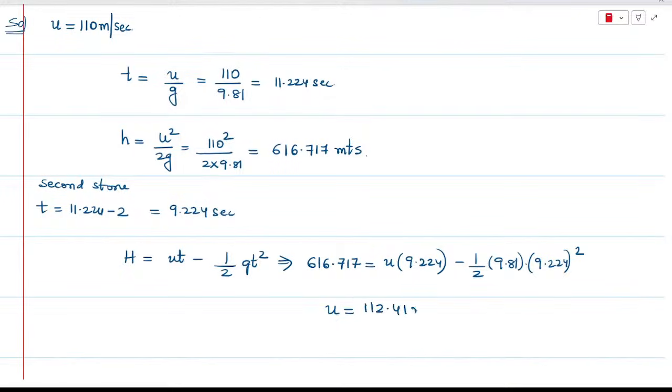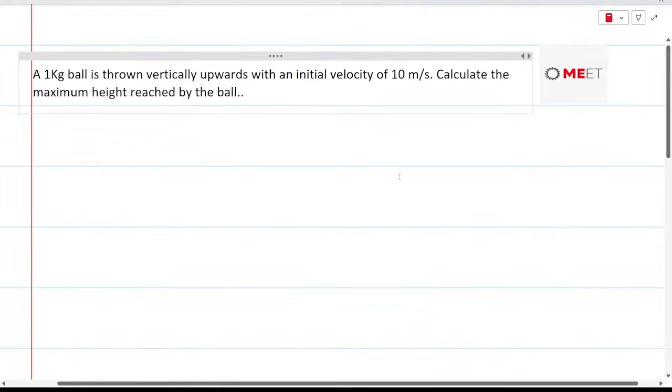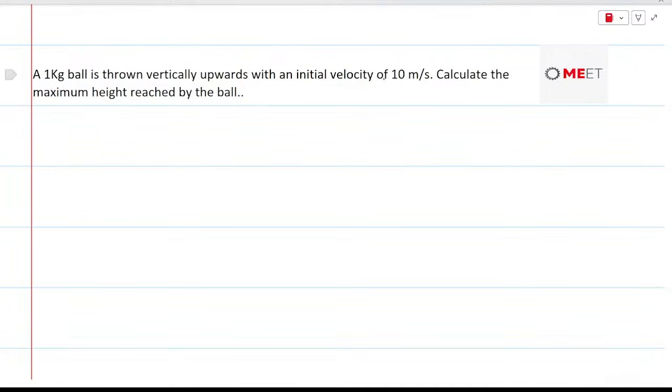That comes out to be 112.41 meter per second. In the next question, it says about a ball whose mass is 1 kg and it is thrown vertically upwards with an initial velocity of 10 meter per second. The maximum height reached by the ball is to be computed. Here we can make use of the formula directly. Let's say initial velocity u is 10 meter per second and mass is given.